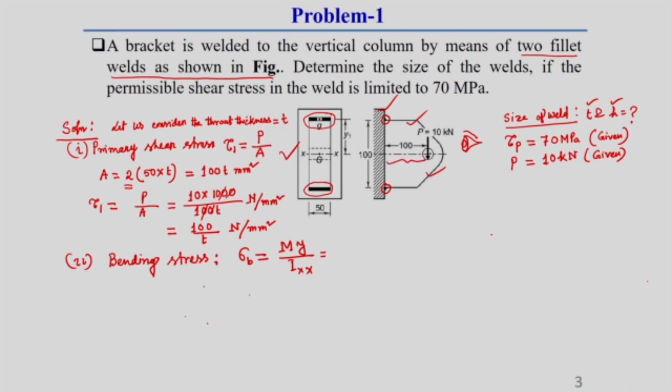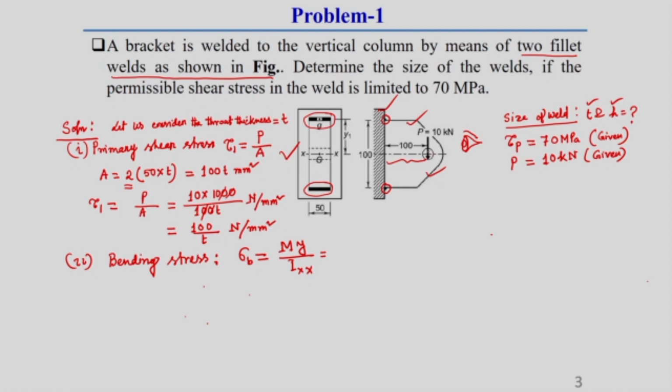That means the perpendicular distance between this application of load and the support where the welding is done. Because here we generally shift that force P to the plane which contains this weld. I have explained that in the previous lecture itself, so I am not going into details about this.